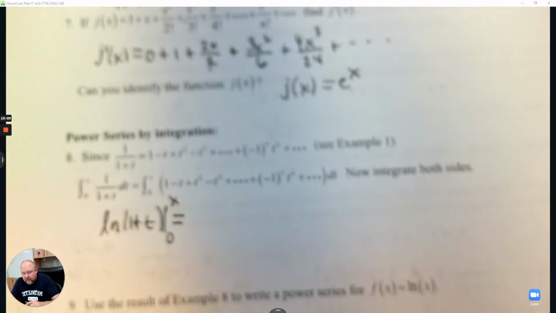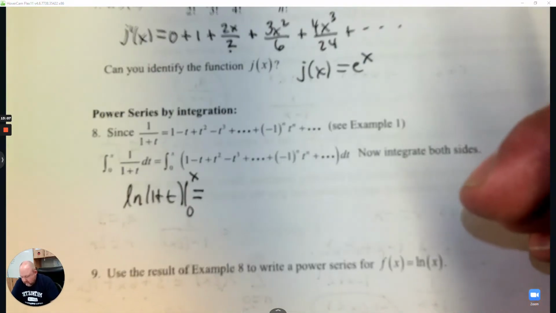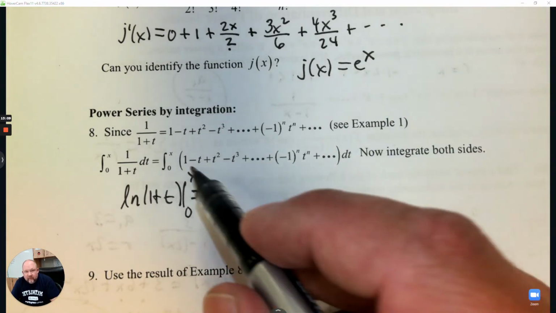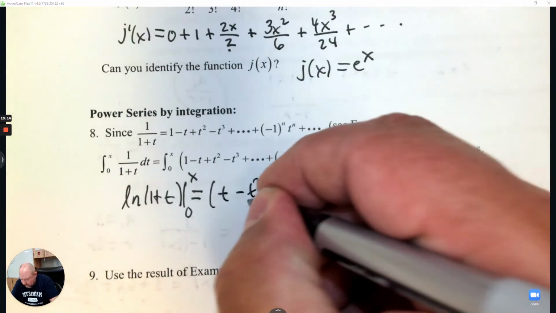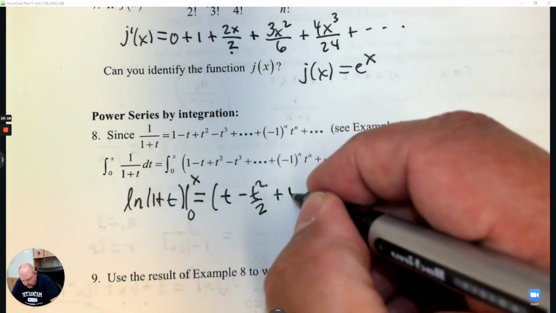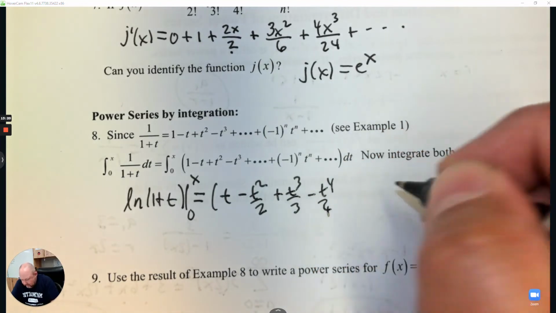And when I integrate each one here, just go one at a time and integrate what you see. So the integration of 1 is t, and this would be t squared over 2. This would be t cubed over 3, t to the 4 over 4, and so on.